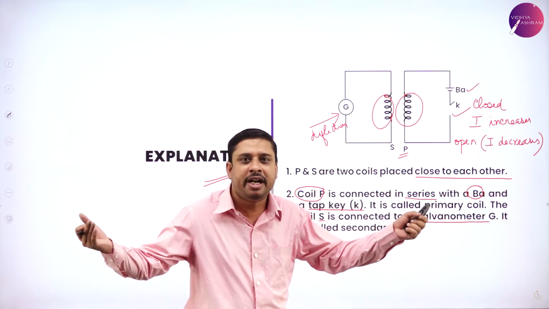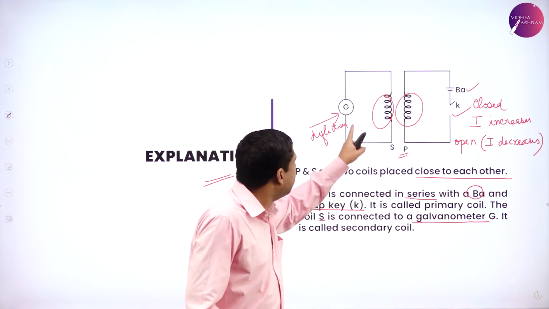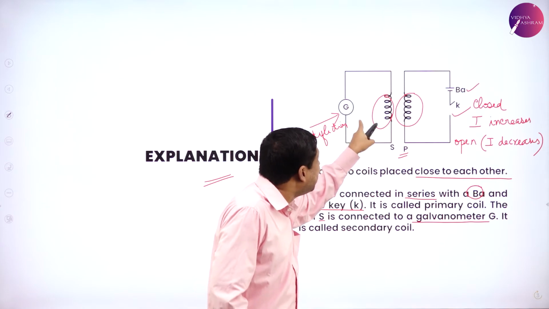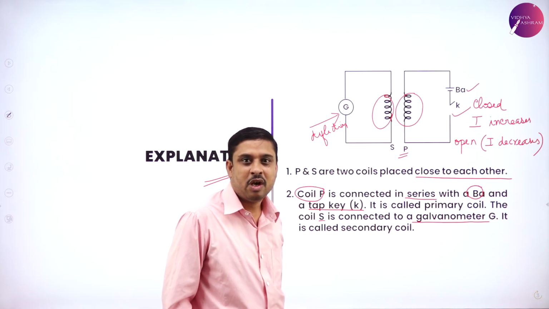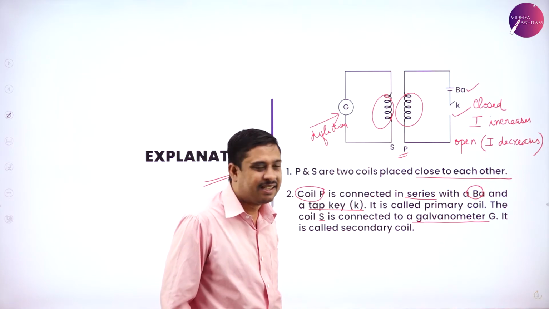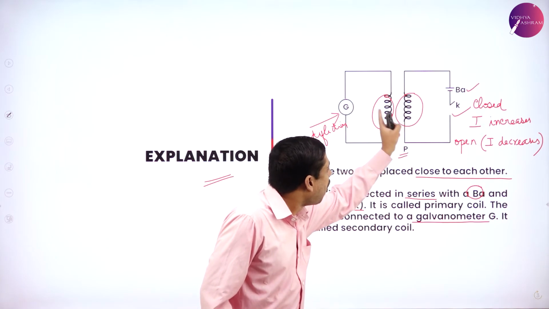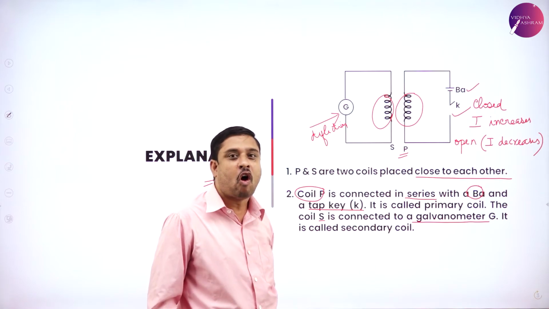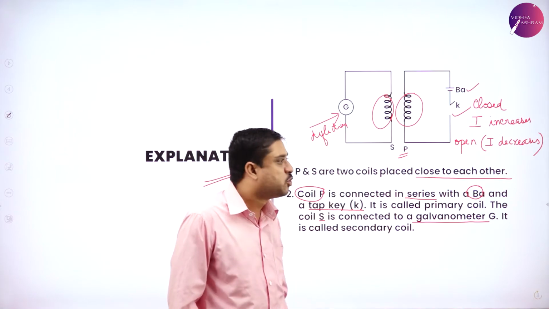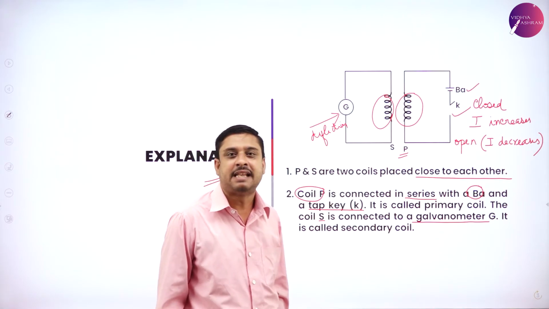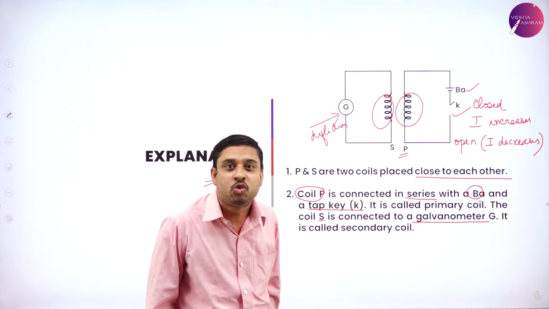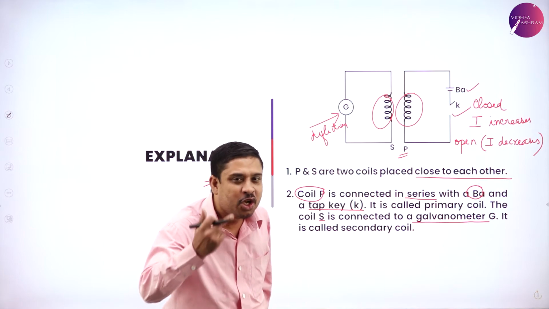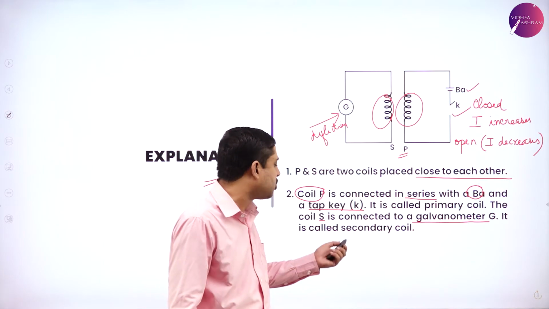And again, according to Lenz's law, the direction of induced EMF in the secondary opposes the growth or decay of current in the primary coil, and this is what we understand as mutual induction, in contrast to self-induction.